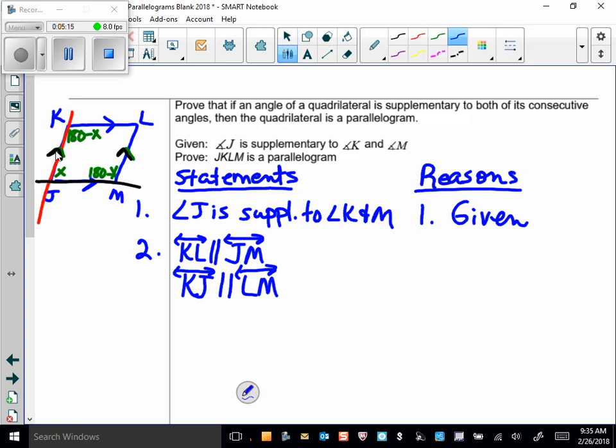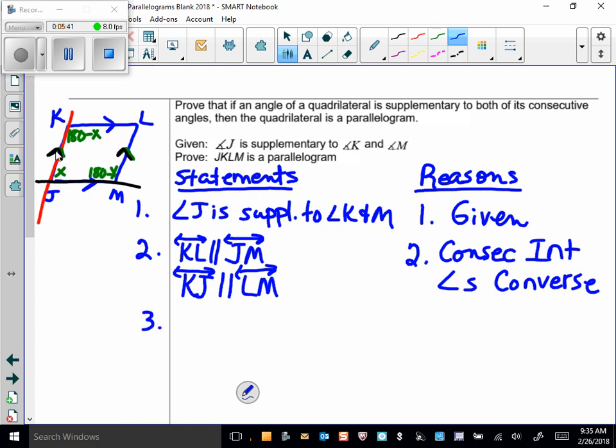Because the consecutive interior angles are supplementary, so that's going to be the consecutive interior angles converse. It's the converse of the theorem that tells me my lines are parallel. And so that gives it to me.